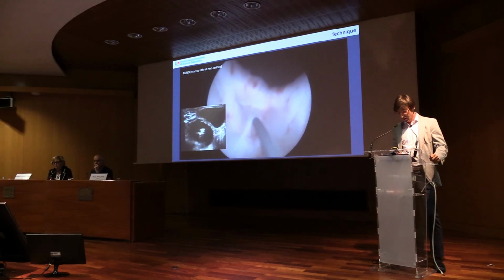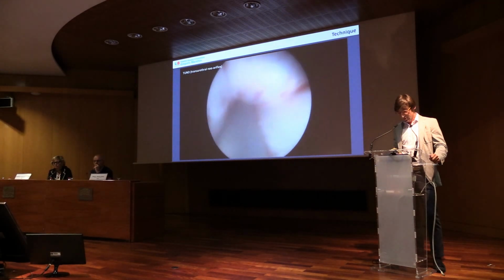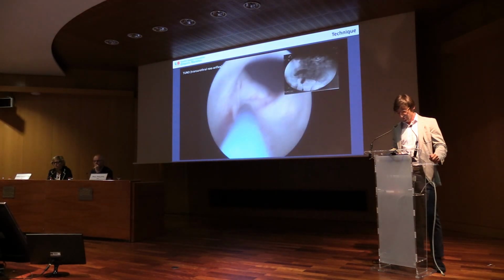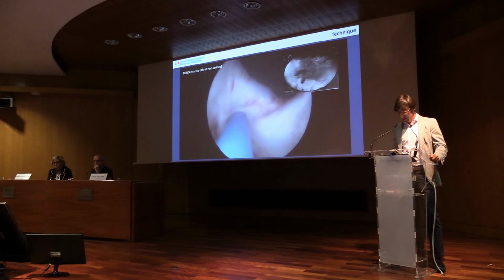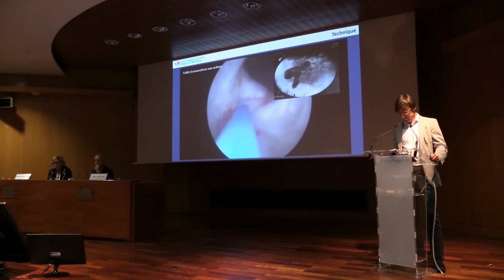If urine output is observed, we then introduce contrast into the ureter and perform a retrograde ureterography, confirming that we are inside the ectopic ureter. Here you can see the fluoroscopic control.